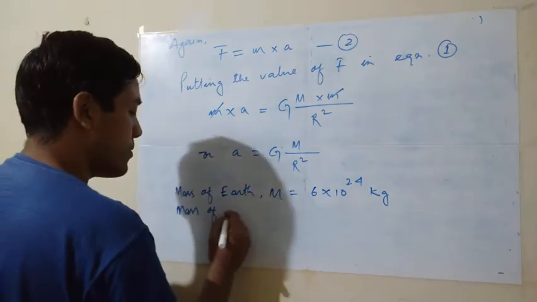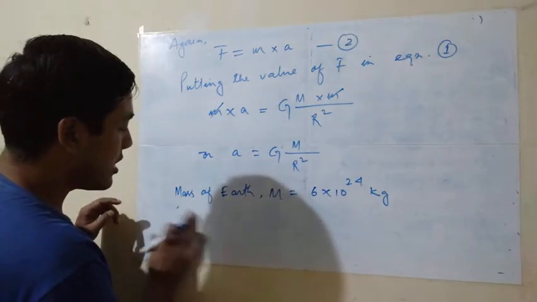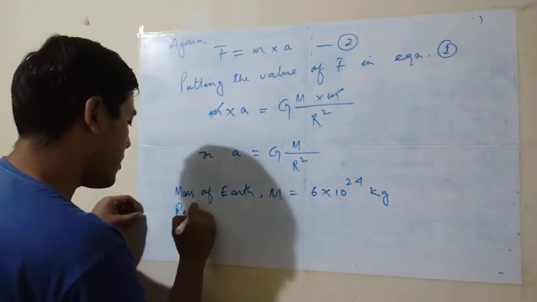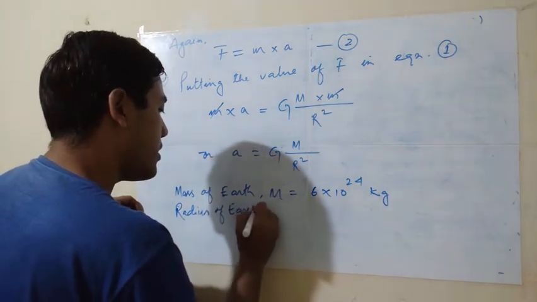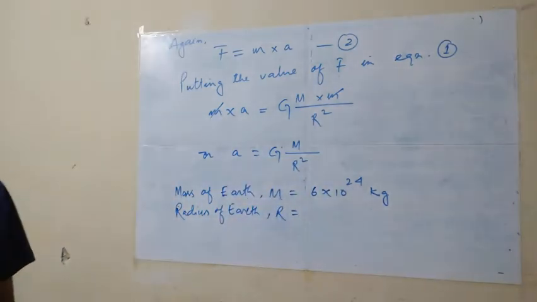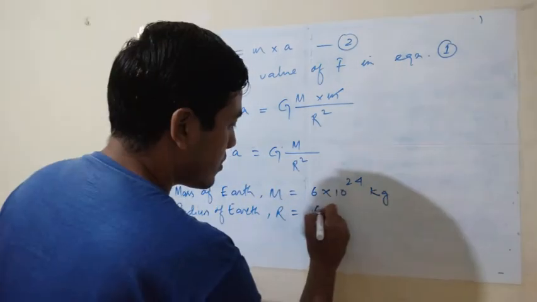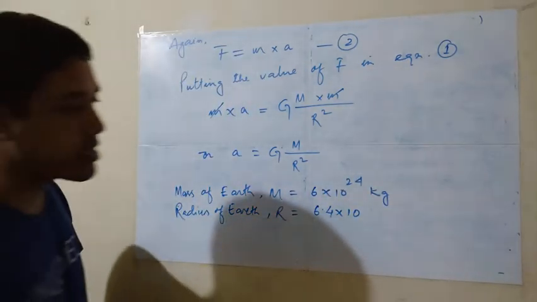Next, radius of the earth. This R is the radius of the earth. Radius of the earth is equal to what? 6.4 into 10 to the power 6 meter.